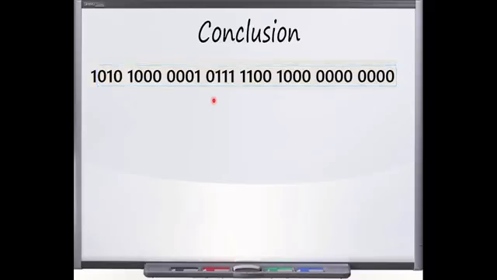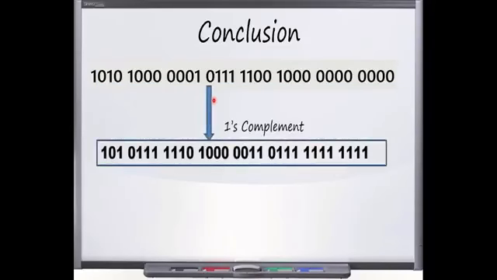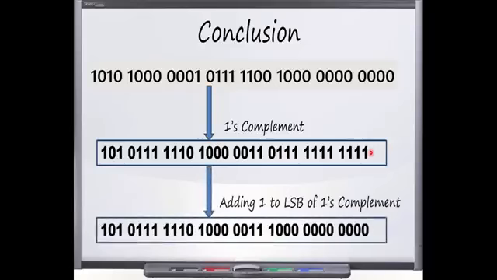So first I have to find the 1's complement, which we have found here. You can check it by practicing on your own, and then add 1 to the least significant bit. If you add 1 to the least significant bit, you know how the addition works and you'll get this.